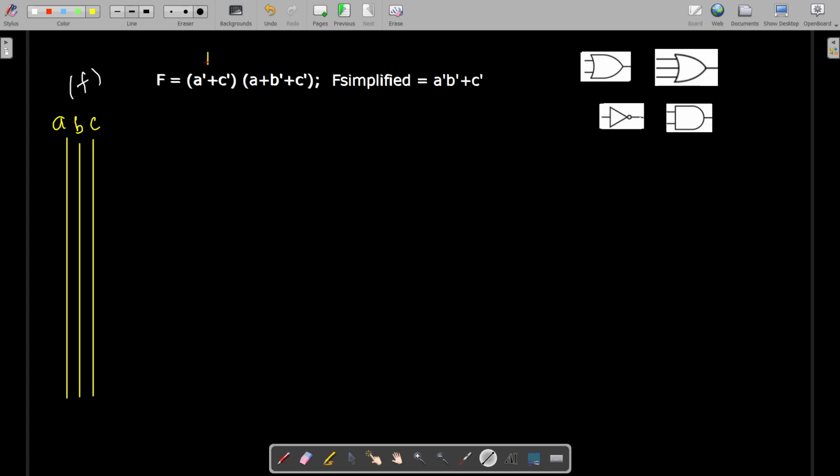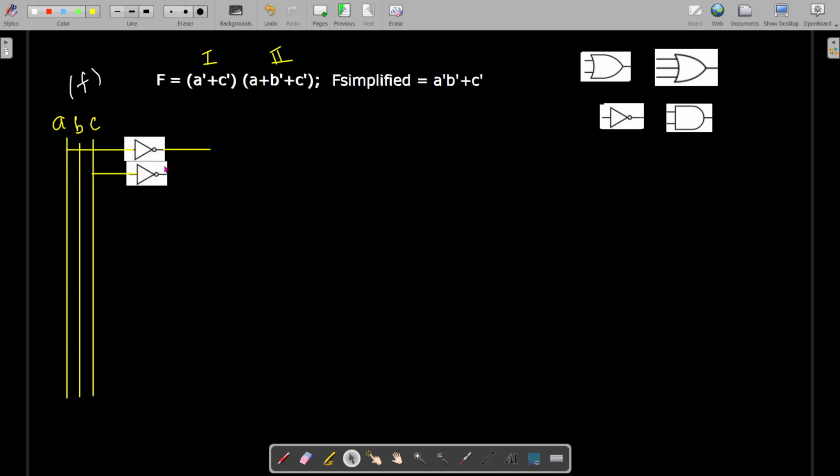Then for implementing this, this is the first term and this is the second term. First term is A dash plus C dash. So first we'll go with that. So A dash means take the connection from this A and then give it to an inverter. At the output of the inverter we get this A dash, and then take the connection from the C, give it to another inverter.